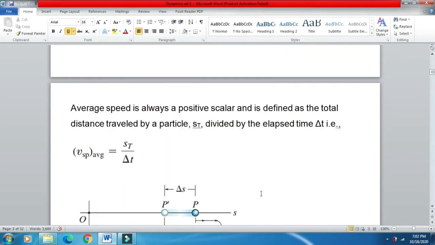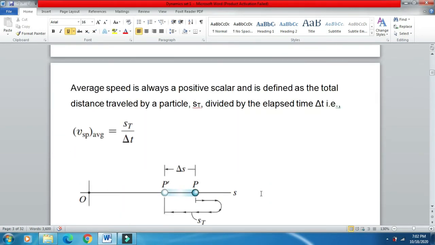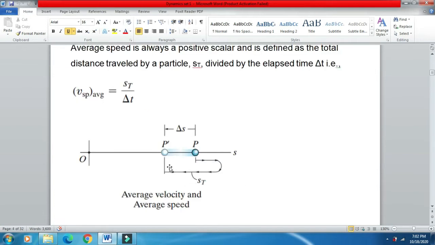The next quantity is average speed. Average speed is a scalar quantity. It is calculated from the entire path which is traveled by the particle. Suppose the particle initially was here, it moves towards right, then after some distance it moves towards left.